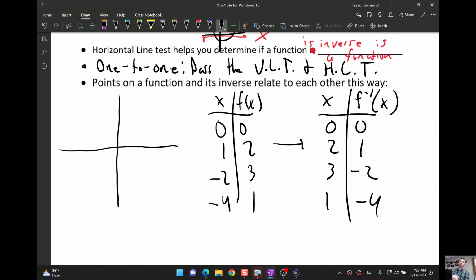And just to show you that it works that way, if I was to plot these points very roughly, there's f of x. If I plot its inverse, this will not look perfect because my graph is so rough.